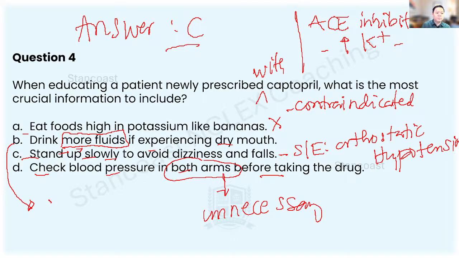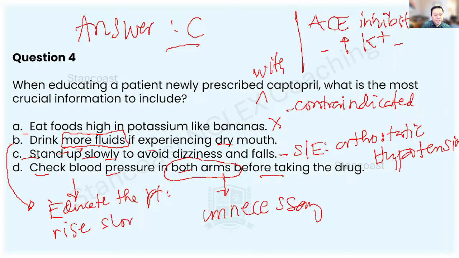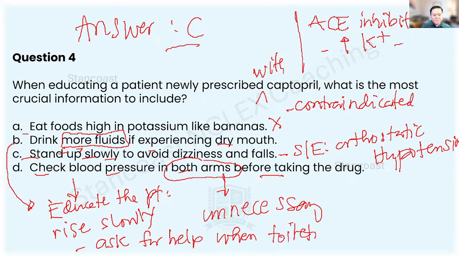Your role here is to educate the patient to rise slowly and to ask for help if they need to use the bathroom when toileting. This is a very common occurrence in the US. Lots of falls, especially in the elderly population because of the antihypertensive therapy.